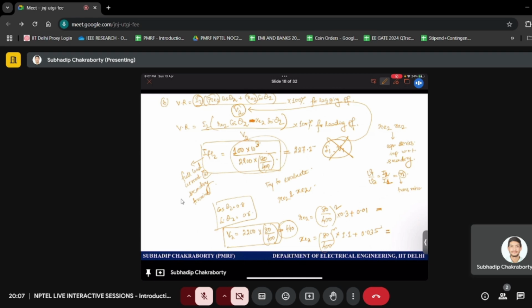So 227.27 amps. And if you calculate RE2, it will be coming as 80 divided by 400 whole square into 0.3 plus 0.01, so 0.022.